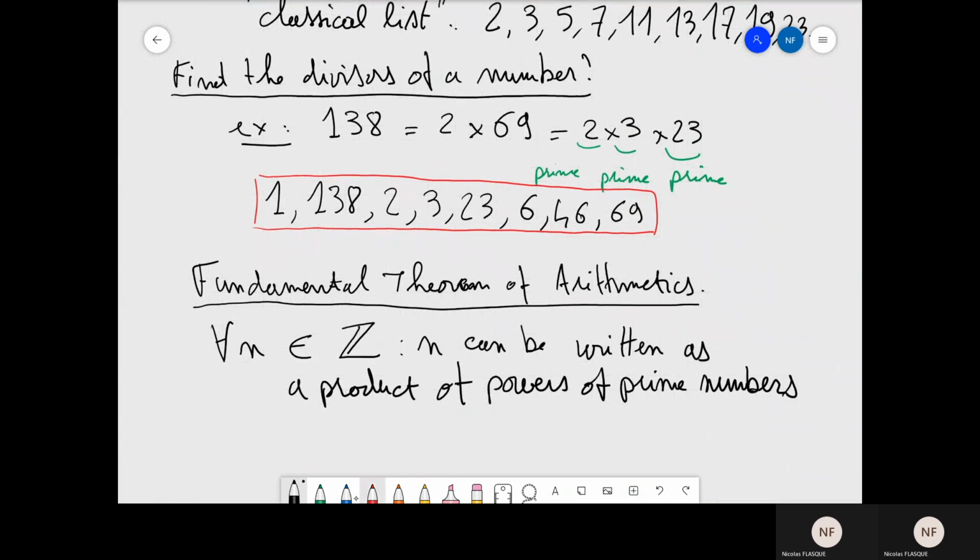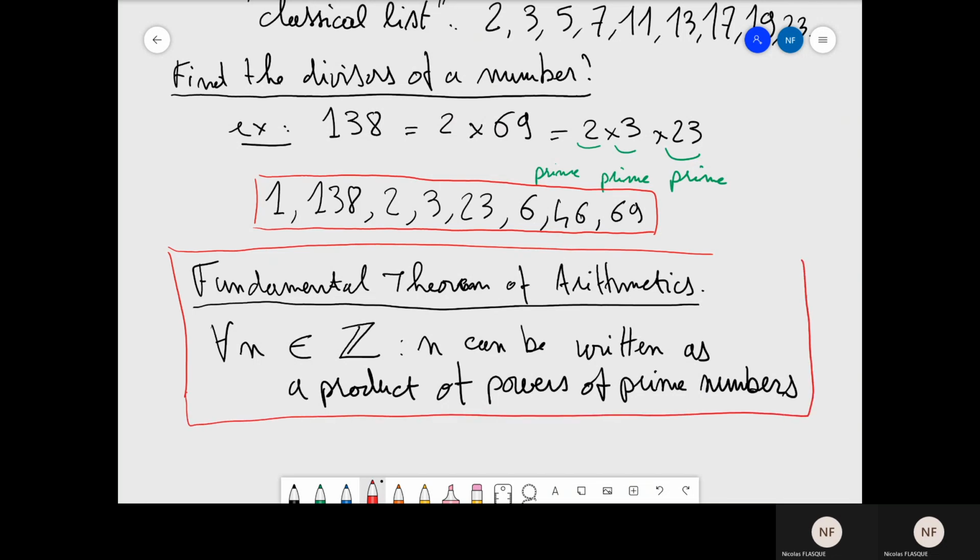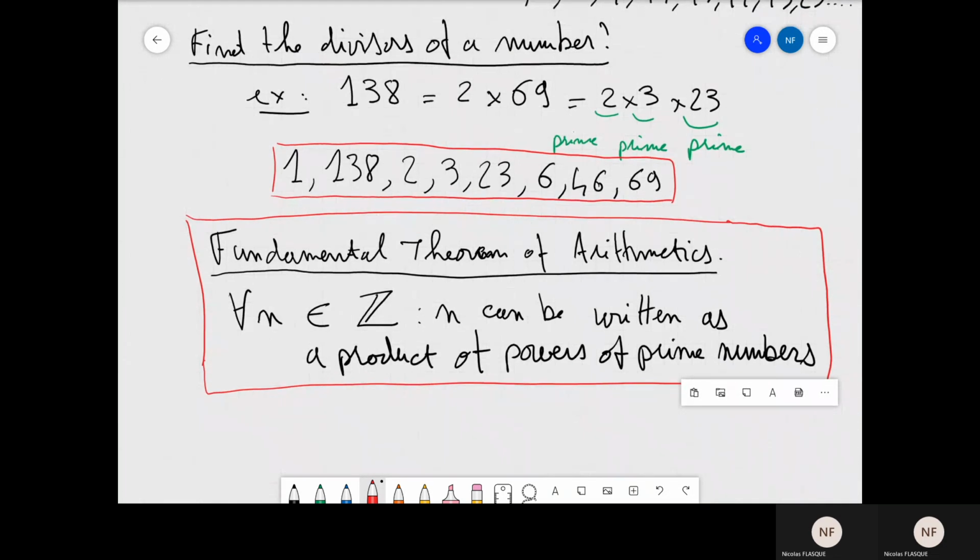So let's highlight this, again in red. Whatever the number you consider, you can write it as a product of powers of prime numbers.